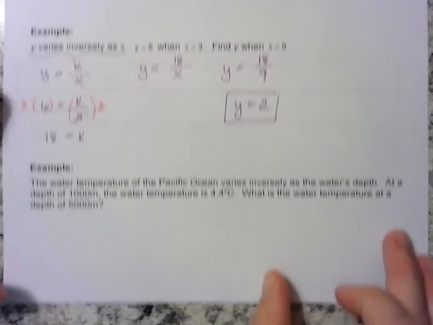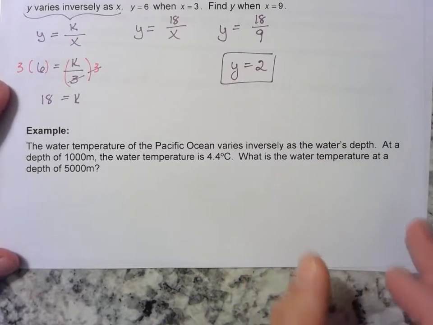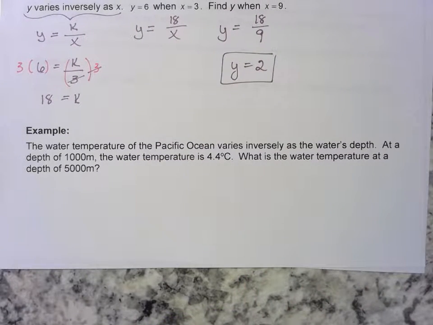And look at this example. The water temperature of the Pacific Ocean varies inversely as the water's depth. At a depth of 1,000 meters, the water temperature is 4.4 degrees Celsius. What is the water temperature at a depth of 5,000 meters? Okay, so they didn't tell us any variables this time, so let's just choose some.